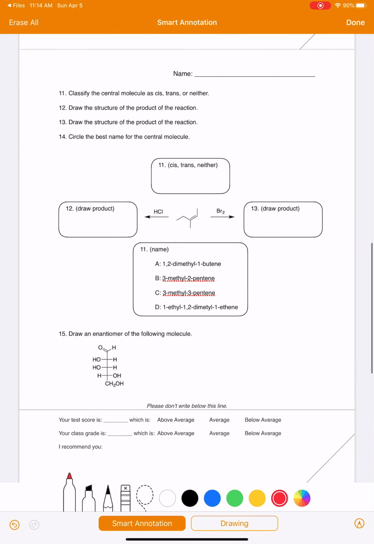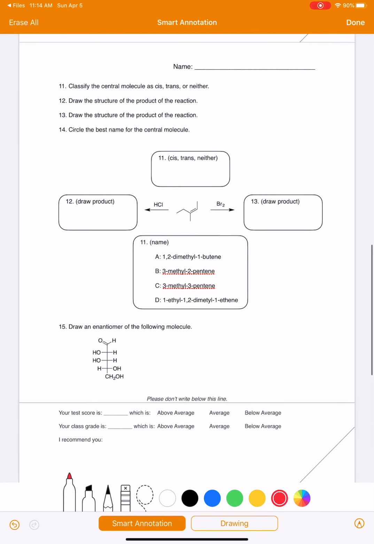All right, for question number 11, looks like 11, 12, 13, and 14 are all based off of this molecule here in the center. First thing we have to do is classify it as cis or trans or neither. So to classify it, remember we want to draw an imaginary line through our double bond.